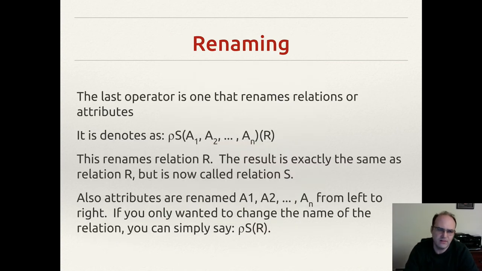The last piece of this now is renaming. As we saw before, especially when we're doing joins, you can run into a situation where you had two sets, R and S, and they both had an attribute B, and now you've got R.B and S.B. You can rename, and what this looks like in SQL is, again, I think I mentioned this in the beginning, if you wanted to select that user ID we were talking about before.